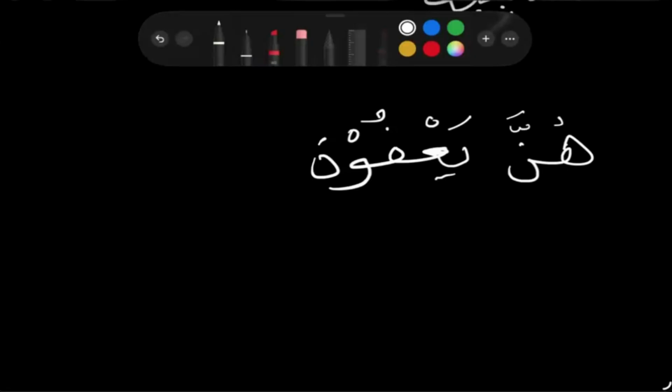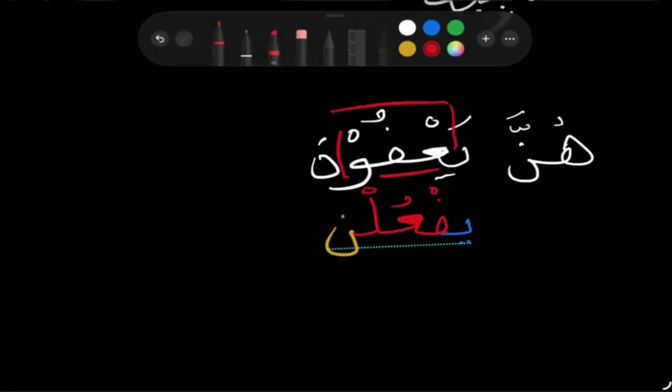This word is 100% in its original case. It has no i'lal whatsoever. And the pattern of ya'funa is yaf'ulna. The ayin, fa, and wow here are your original letters.